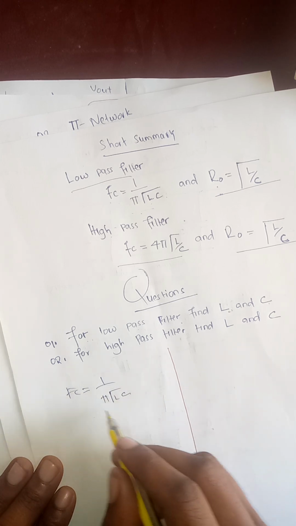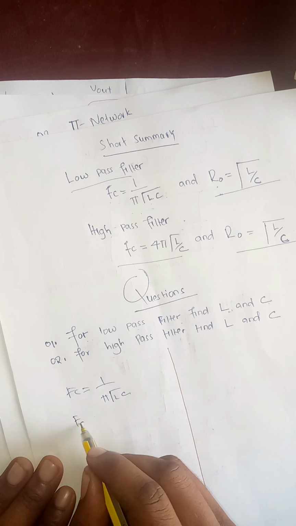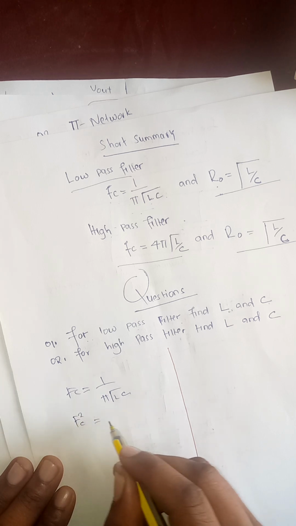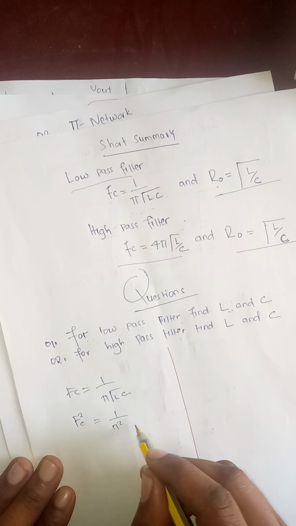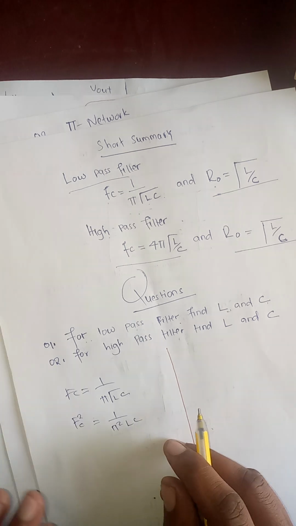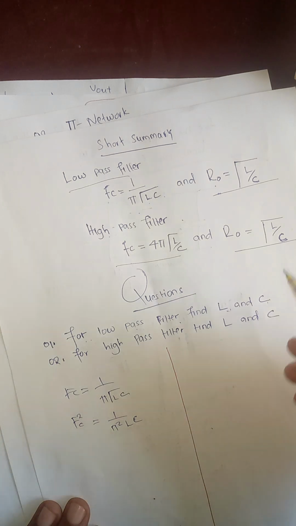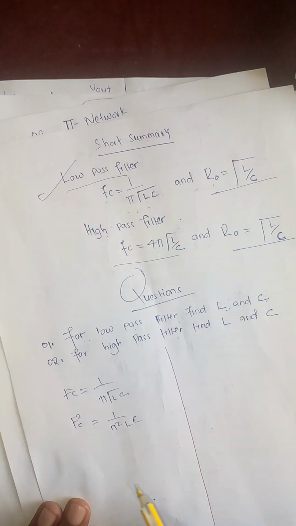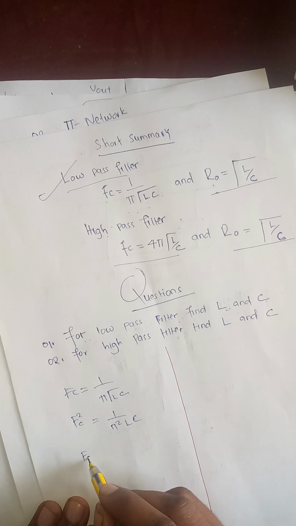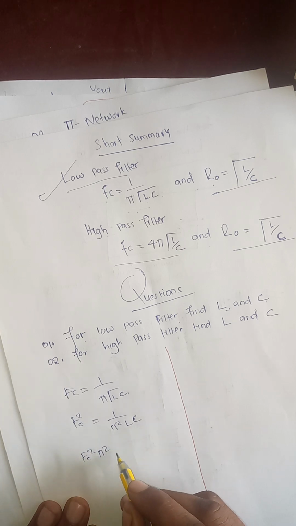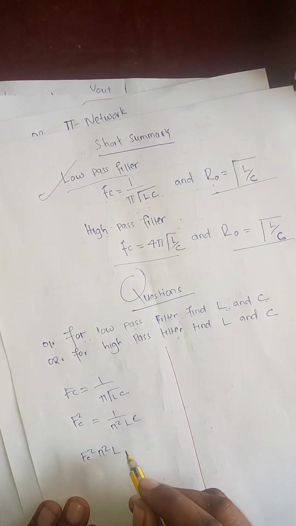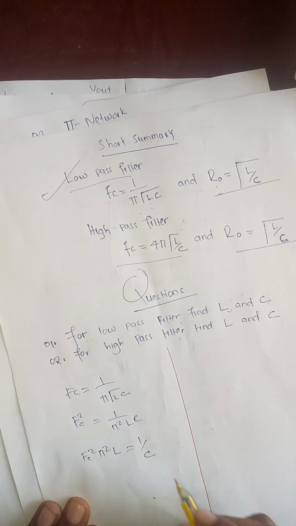So you can make it the subject: FC square is equal to 1 over pi square LC. You can choose to make C the subject if you want to find C, but I'm talking for the case of low. So it will be FC square pi square L is equal to 1 over C.